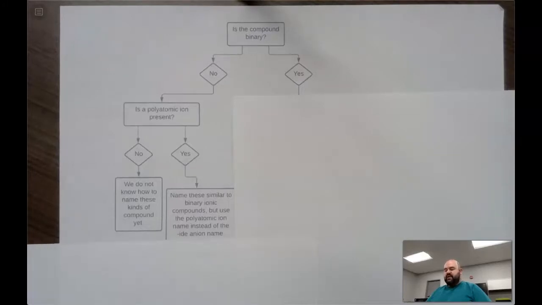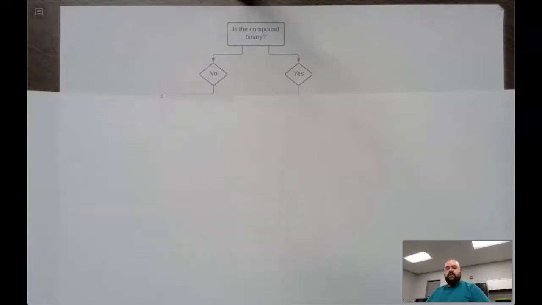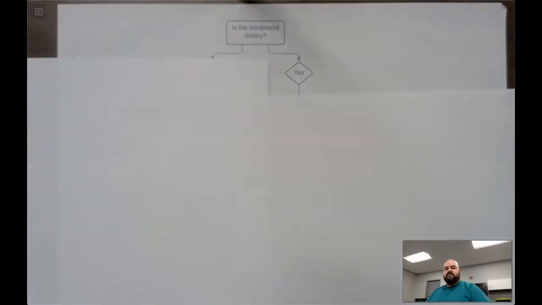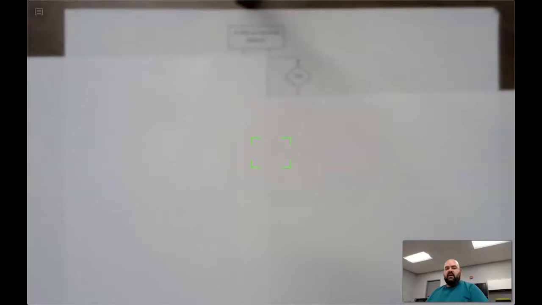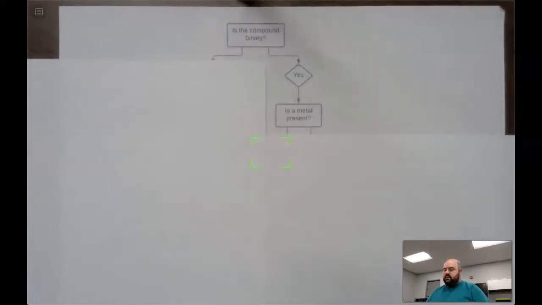Okay, so let's go back to the binary compounds. If the answer is yes, it is a binary compound, you ask yourself, is a metal present? This is a yes/no question.